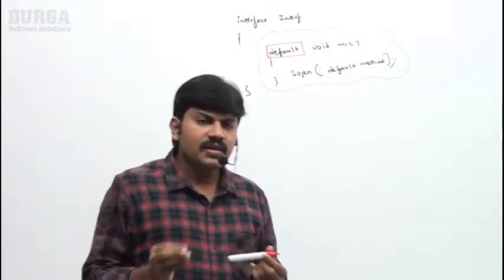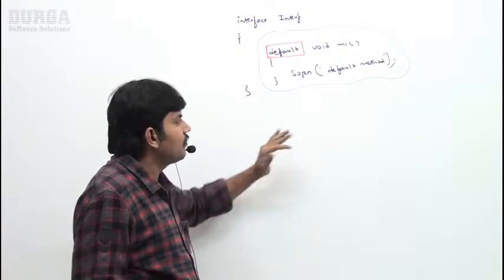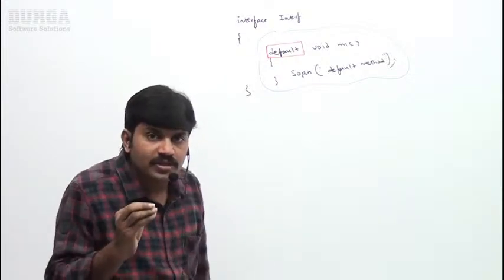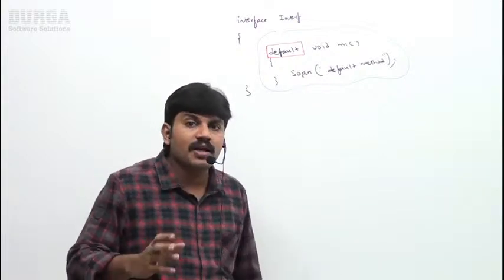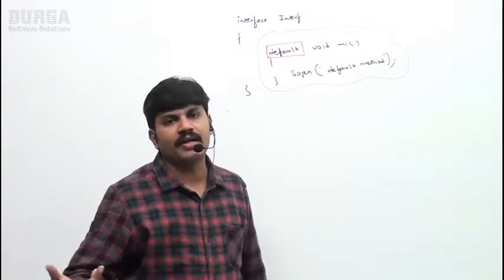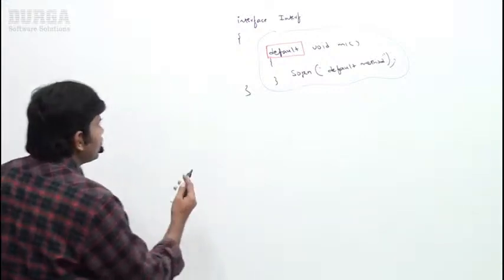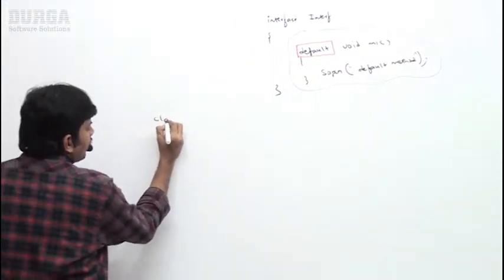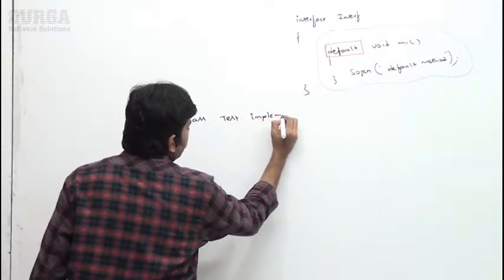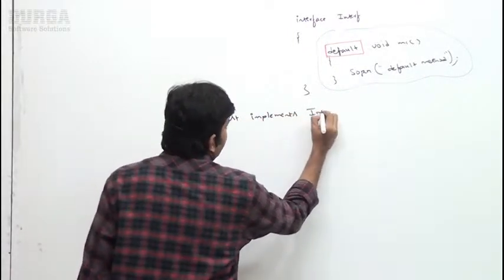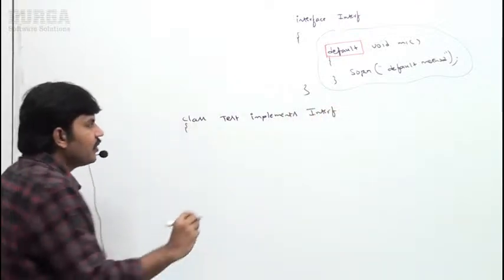Next, sir, this default method is by default available to the implementation class. If the implementation class wants to use it, happily it can use. If the implementation class wants to override, it can override, no problem at all. Both options are there. Just have a look once, sir. Class Test implements Interrupt.